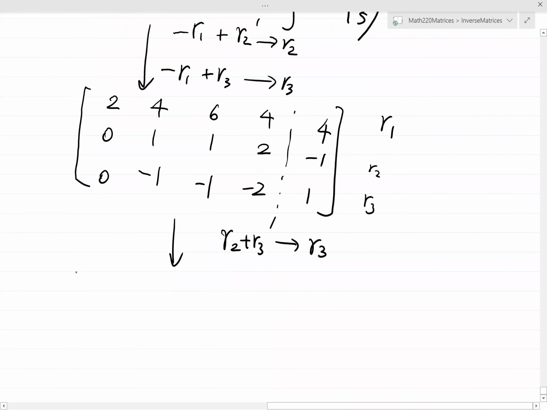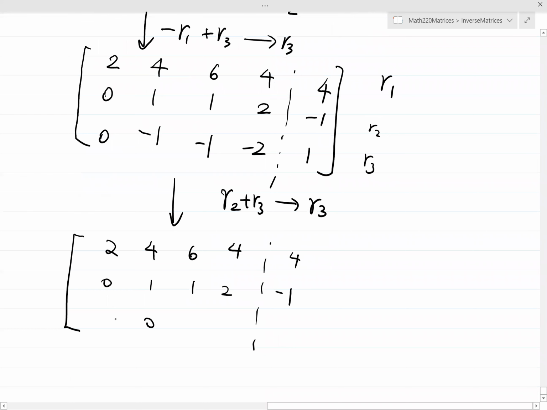Then what do we get? Negative 2, 4, 6, 4. We do nothing to row 1 and row 2. Then we get 0, 0, 0, 0.